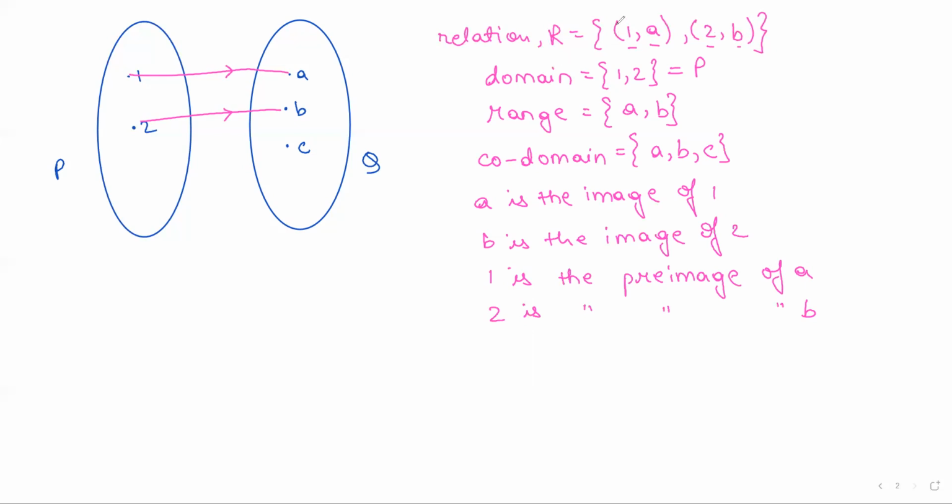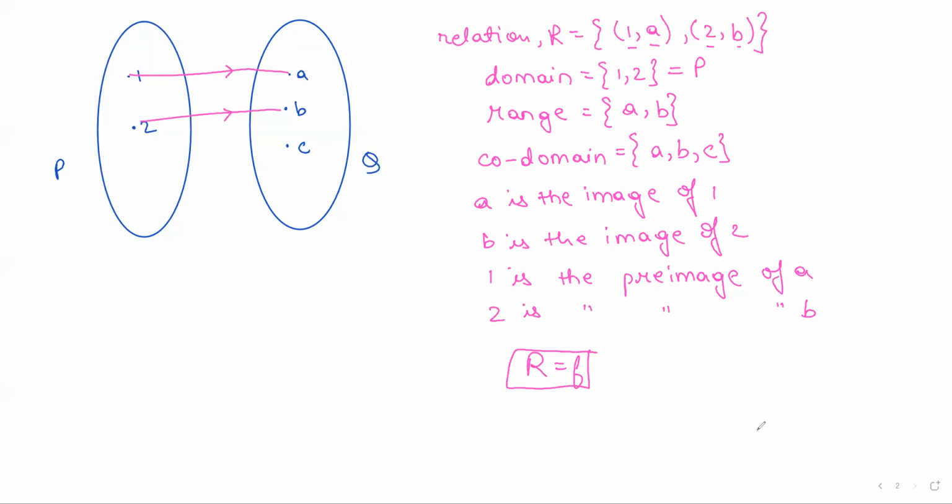A is the image of 1, 1 is the pre-image of A, and vice versa. So from this observation, we can say that this relation is a function because it follows two rules.